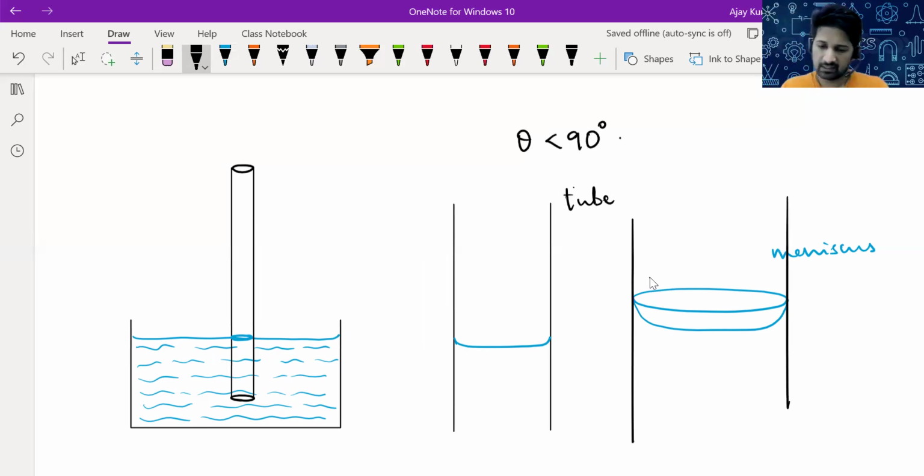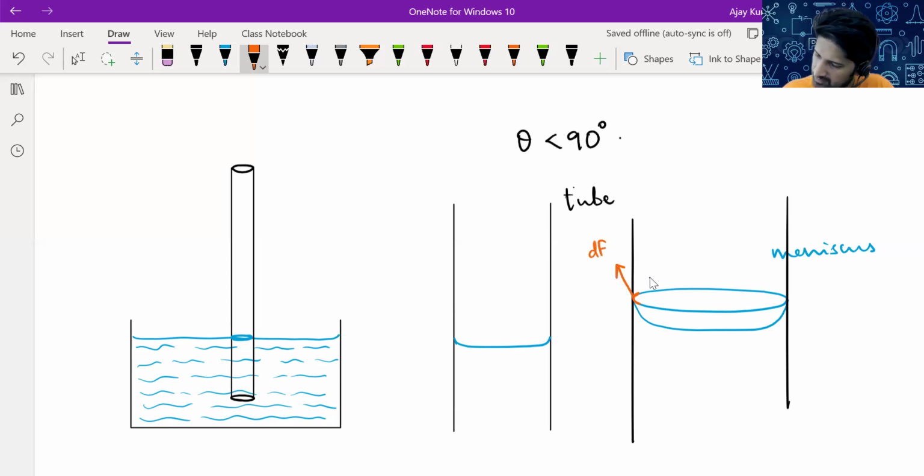Wherever it is in contact, it will be exerting forces on the tube. The tube will also exert force on the liquid surface. As a result, what will happen? Every element of the edge of this liquid surface will be experiencing a force due to surface tension.